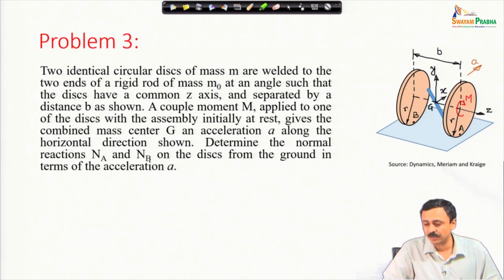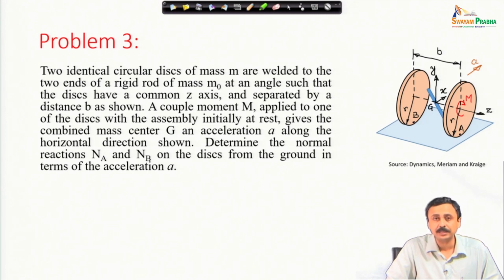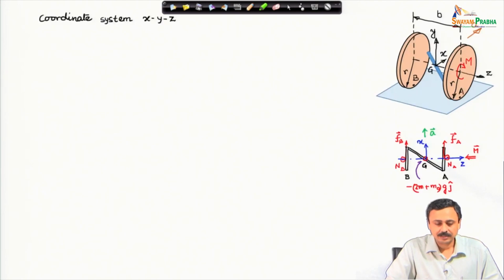So, the x y z frame's origin is at the center of mass, and upon the application of this moment m to the disc on the right, we have a horizontal acceleration a. We have to calculate the normal reactions N A and N B under these two discs at the points A and B in terms of the acceleration a.